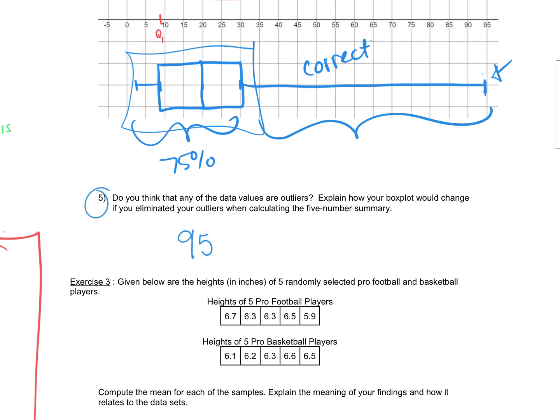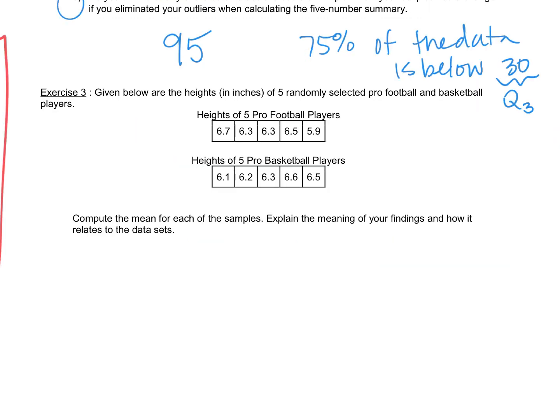So say 95, and again, 75% of the data that we had is below 30, which was our Q3. So 95 seems quite far from that. All right, and next we're going to look at these just kind of 5 pieces of data that were chosen from the football players and 5 pieces from the basketball players.